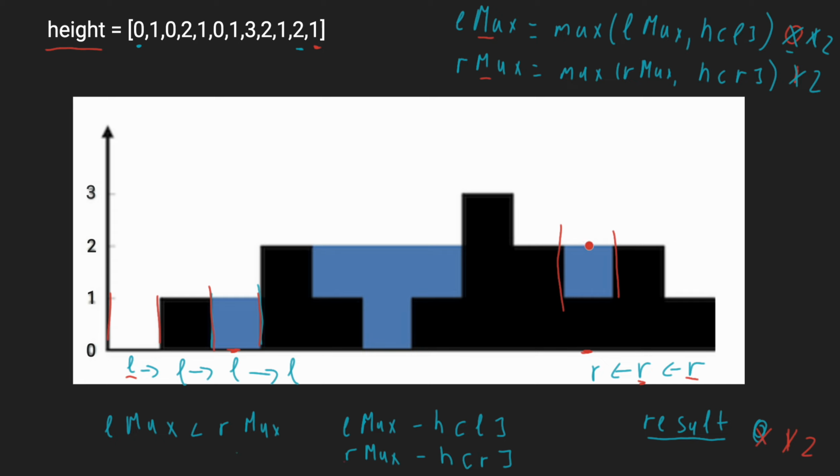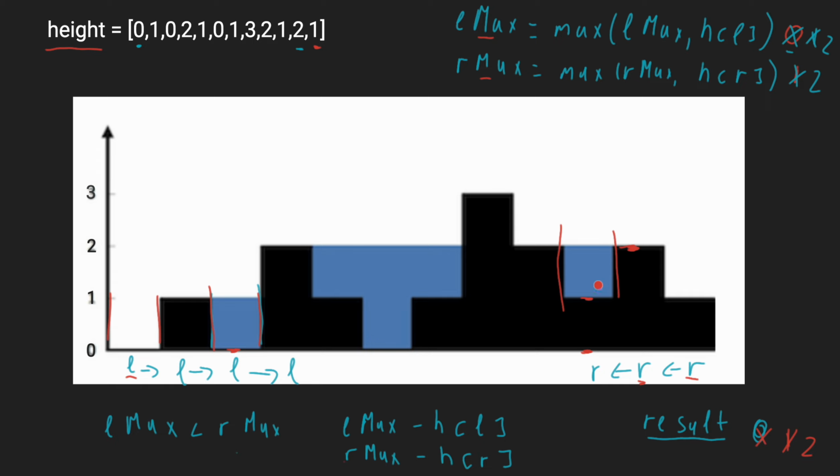So at this position we will contain as much water as the difference between the right border, which is the minimum one, and the height of the current position.